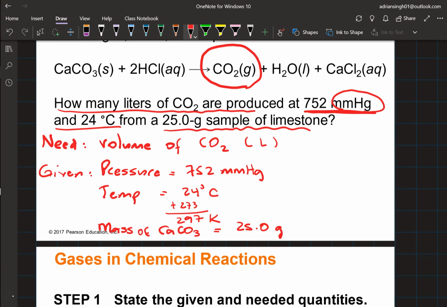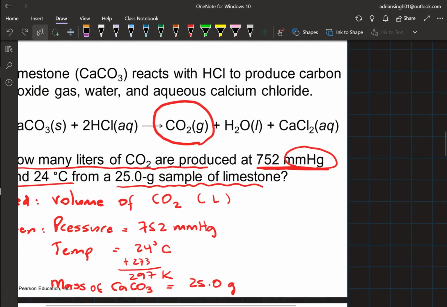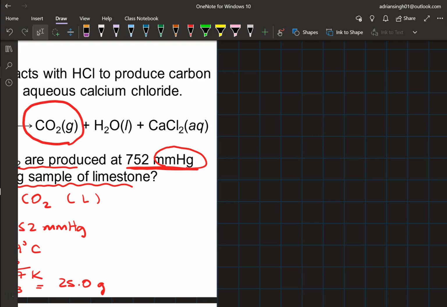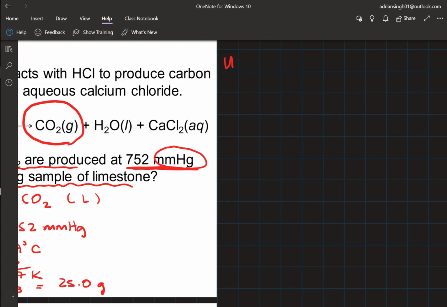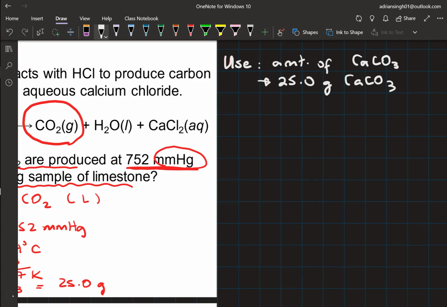Now, again, because the equation gives us a mole to mole ratio, we can use the amount of CaCO3. We're given 25.0 grams of calcium carbonate. Remember, the equation doesn't give you a mass to mass ratio, it gives you a mole to mole ratio.